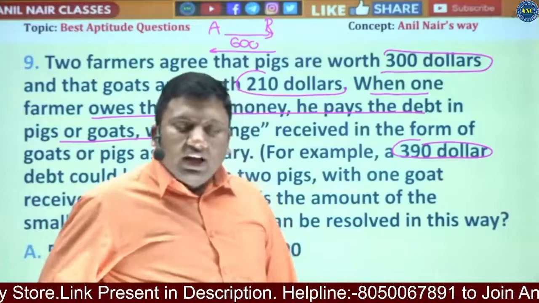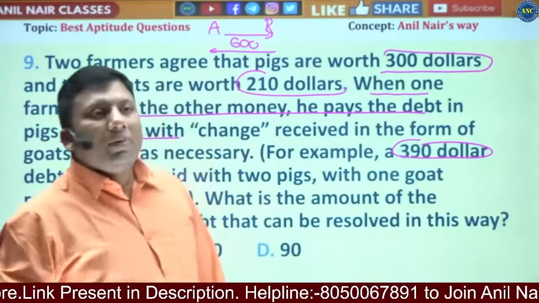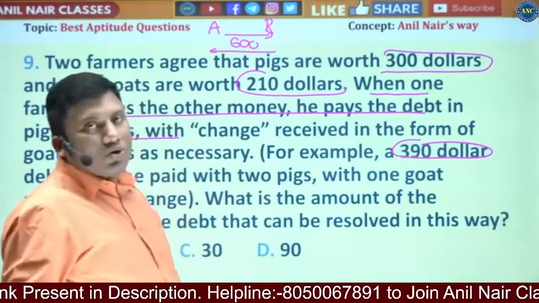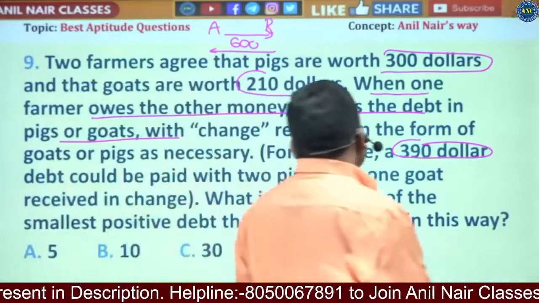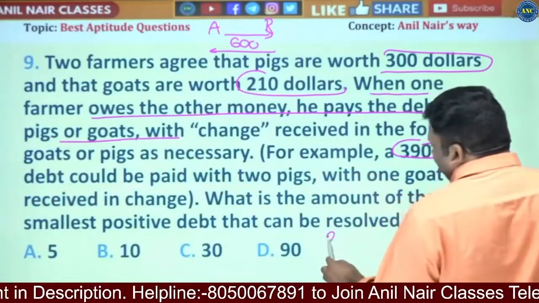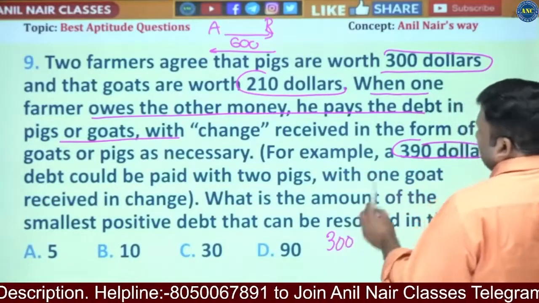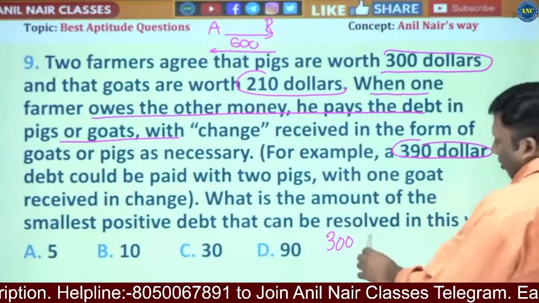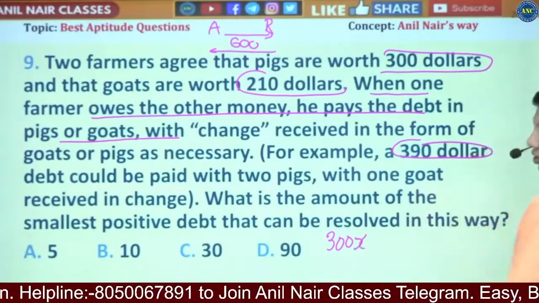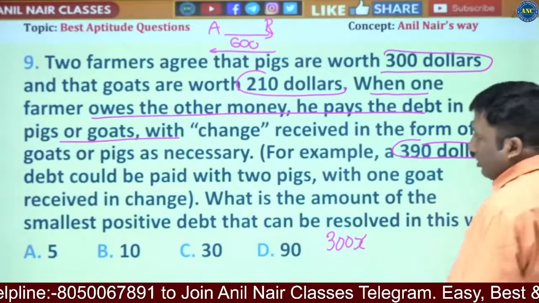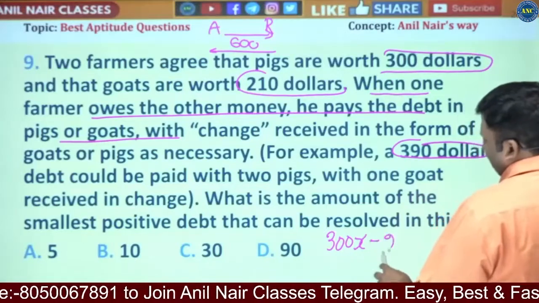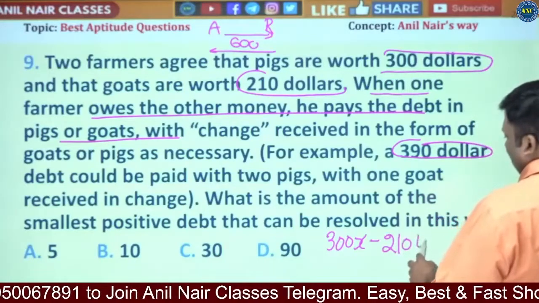How many goats will she give? 2 goats. That means 300 is the cost of 1 pig. How many pigs do I give? I don't know, so 300x. If I need to get any change, this will be minus 210y.